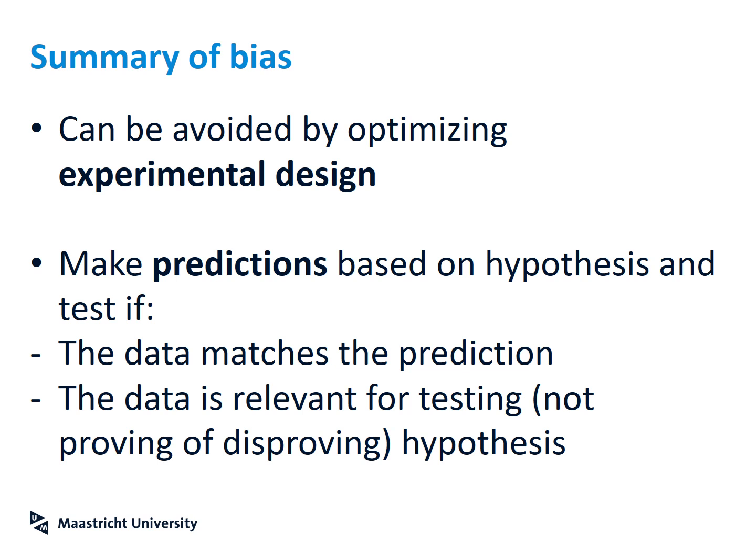What we do in statistics, in summary, is we make predictions based on a hypothesis, and then we test if the data matches the prediction. We also check if the data is relevant for testing our hypotheses, because this is a way of confirming that there is no error present and that our data are actually very reliable for testing our hypotheses.